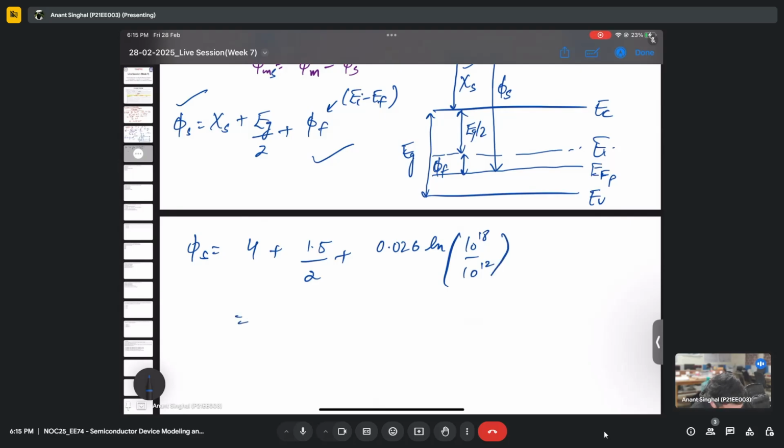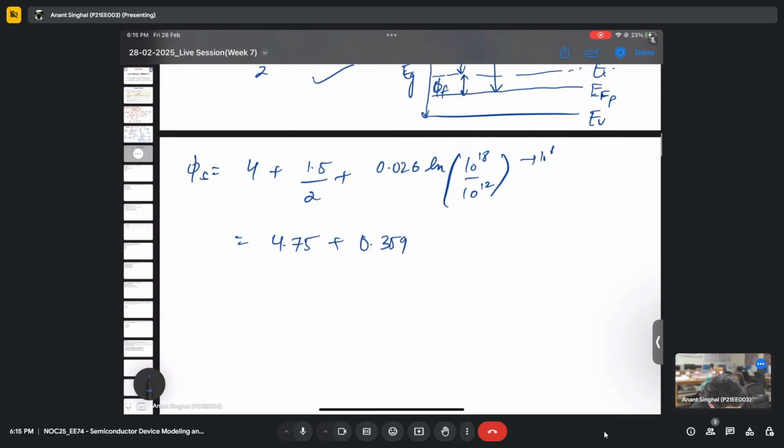So this is 4 plus 0.75, so this is 4.75 plus, if you calculate this, this will be 10 raised to power 6, and ln 10 raised to power 6 will be 0.359, if I'm not wrong, which will give your phi s to be 5.109 volts, or electron volts you can say. No, it will be volts since this is not Q times phi s.